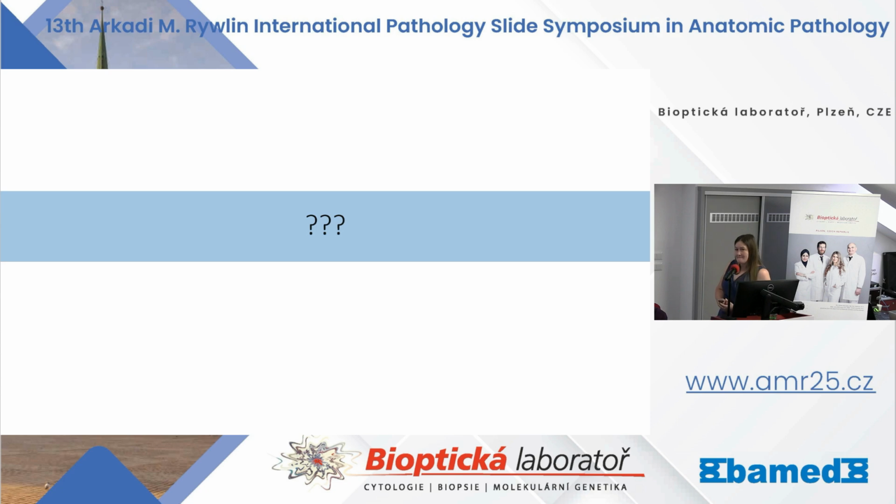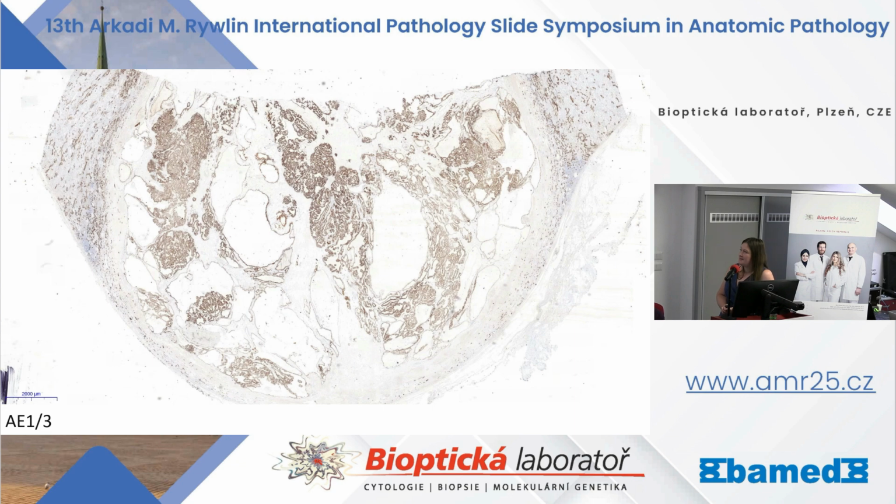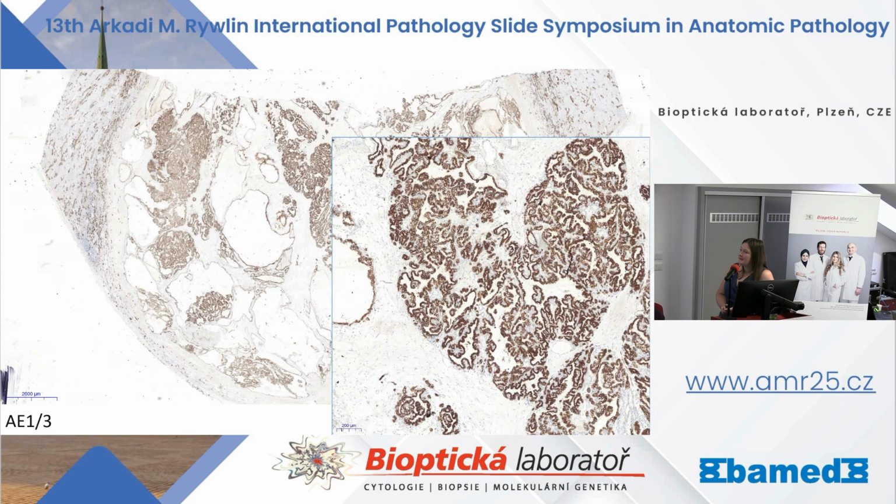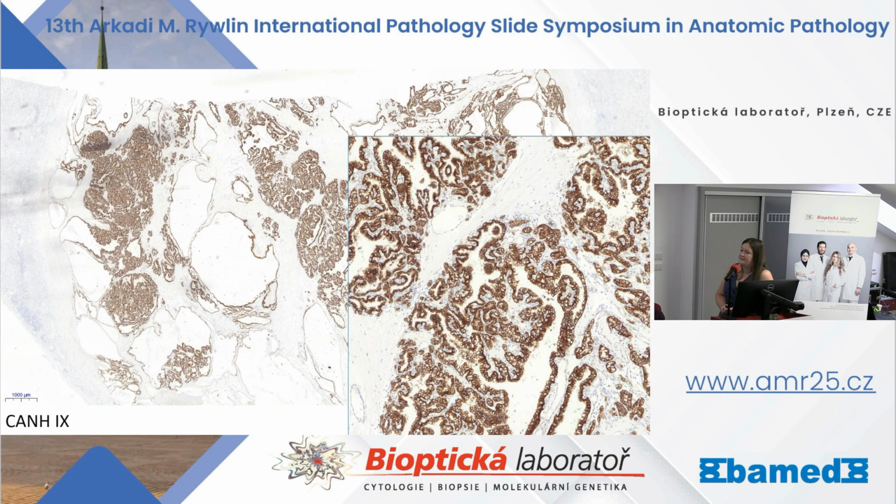So from the first look, you know that this is clear cell spectrum of renal cell carcinomas. However, it is not absolutely typical morphology for clear cell renal cell carcinoma. So probably you should employ some immunohistochemistry. So pancytokeratin diffuse positive, carbonic anhydrase diffuse positive in box-like distribution.